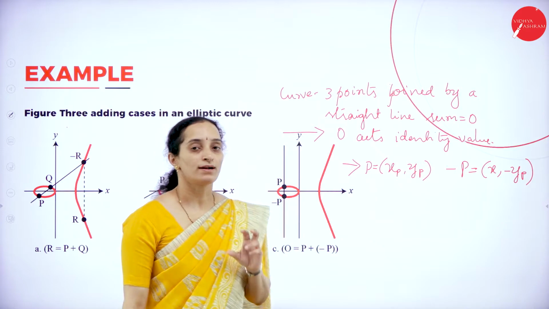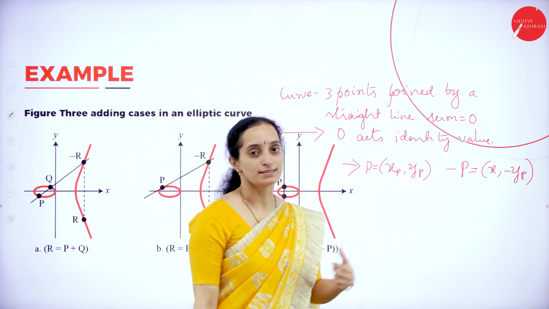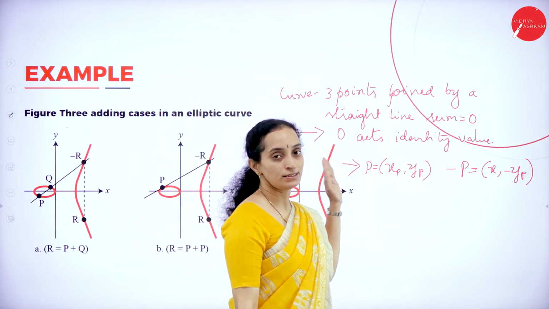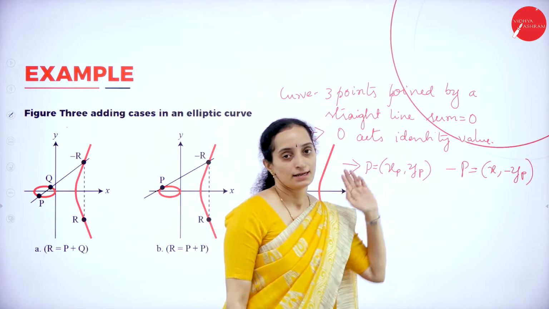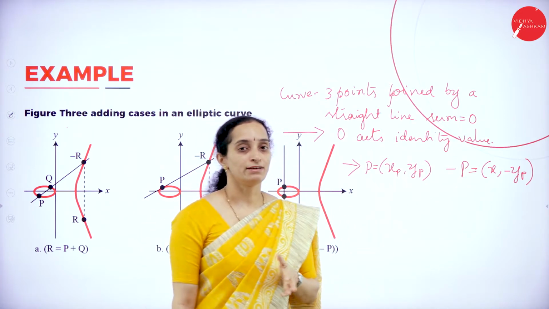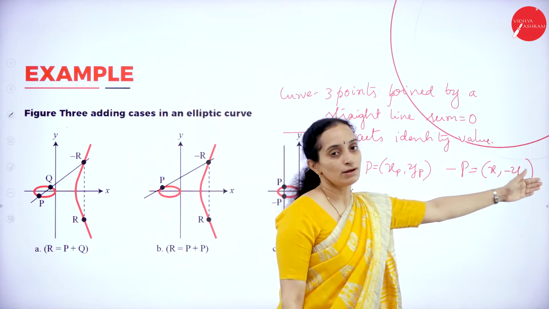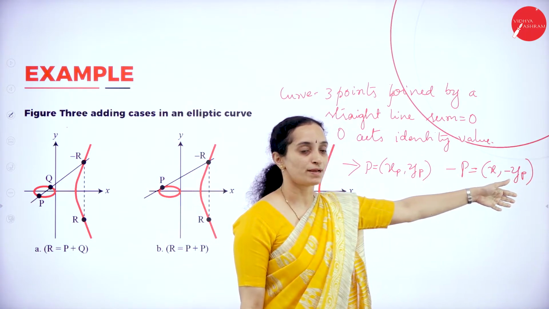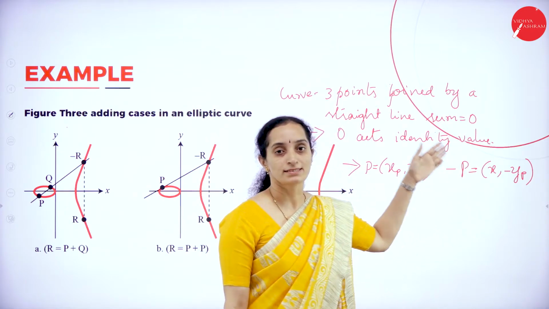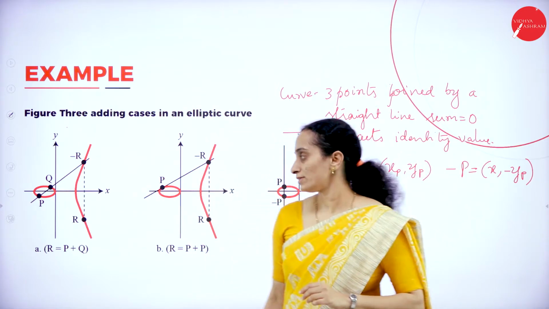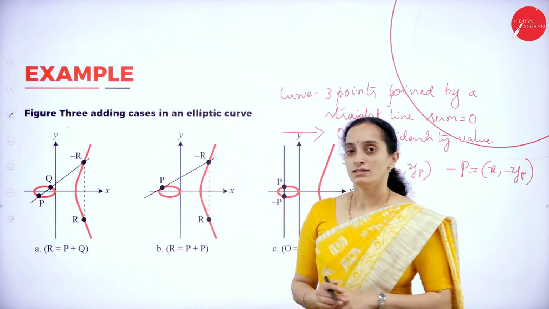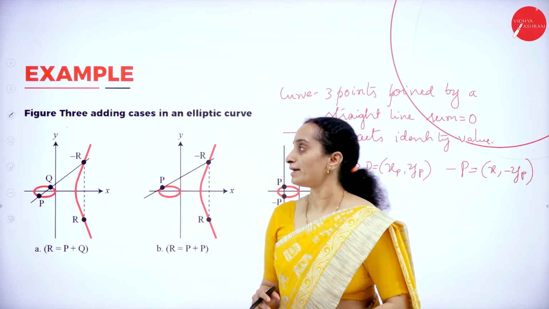Only the negative quadrant of the y coordinate will be considered when the point on the curve is connected with the negative value. If P becomes negative, only the negative quadrant of the y direction will be considered. X remains the constant. So, this is an elliptic curve with the real numbers.